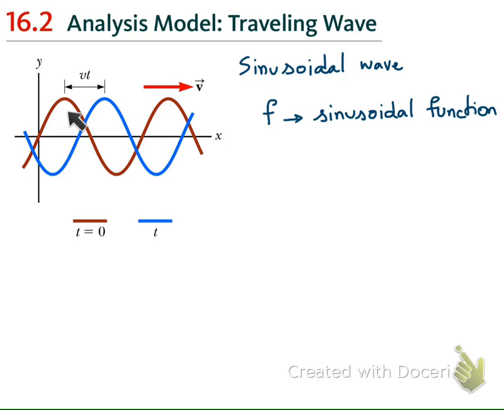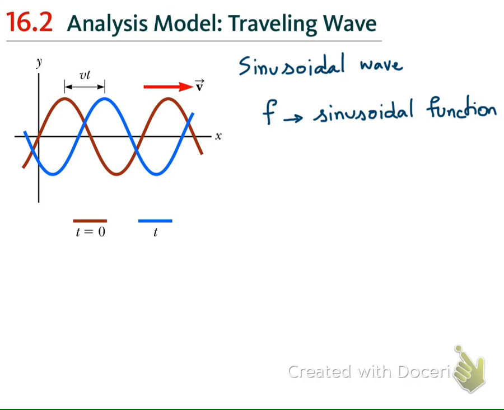And you can see that the wave moves with the distance vt, where v is the velocity of the wave. So if we look at the same displacement, like at this point, it will move the distance vt when the time passes from t equal to 0 to t. So this is a traveling sinusoidal wave.